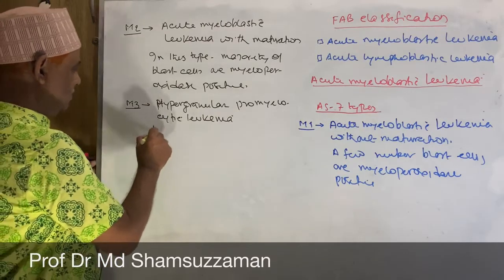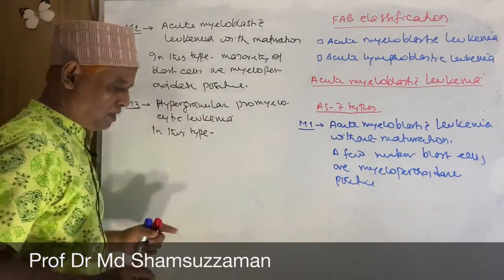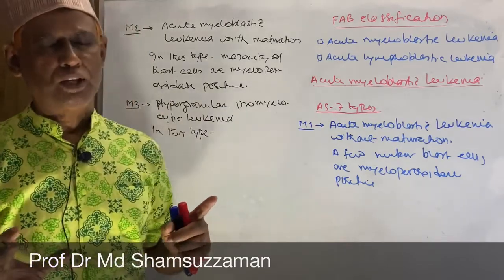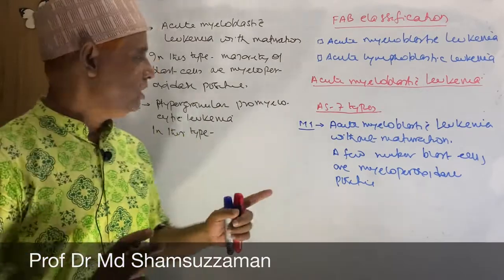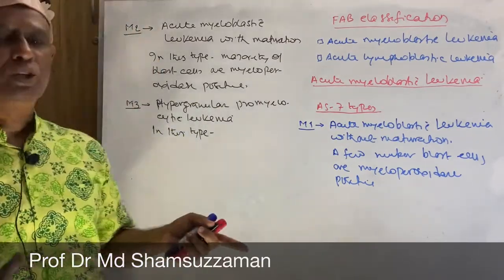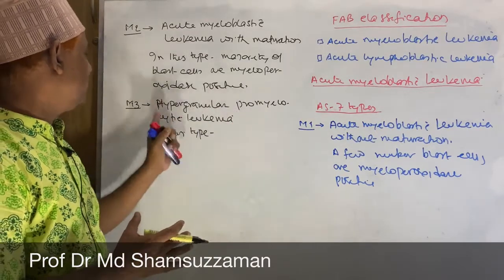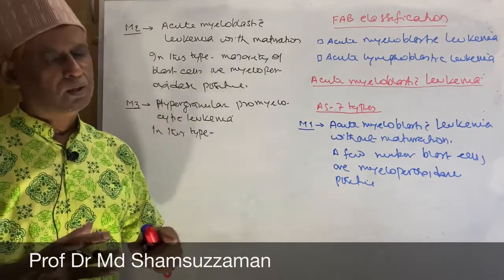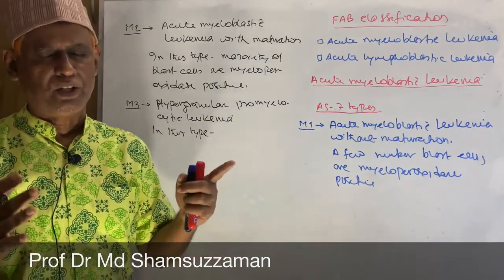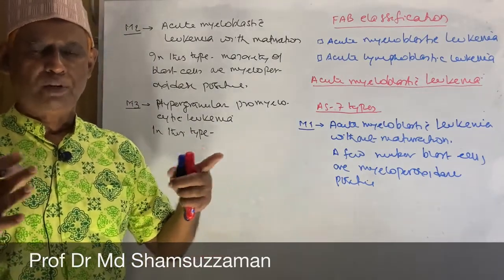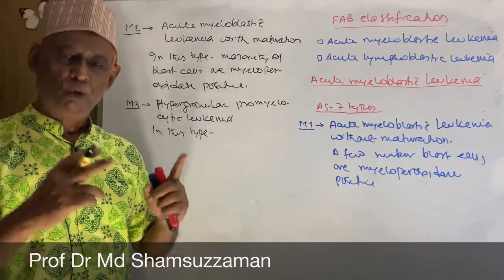In this type, dear audience, I have told you in case of leukemia there are immature cells in peripheral blood. If most of the immature cells in peripheral blood are promyelocytes, then it is called promyelocytic leukemia. Suppose you have got 30% immature cells in peripheral blood. If out of 30% immature cells, most of the cells are promyelocytes, then it is called promyelocytic leukemia.